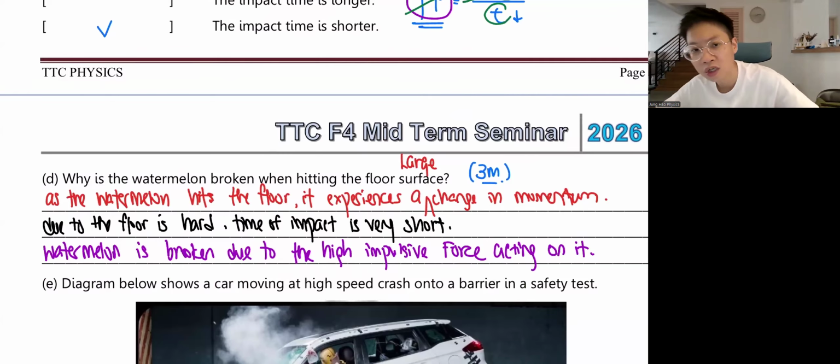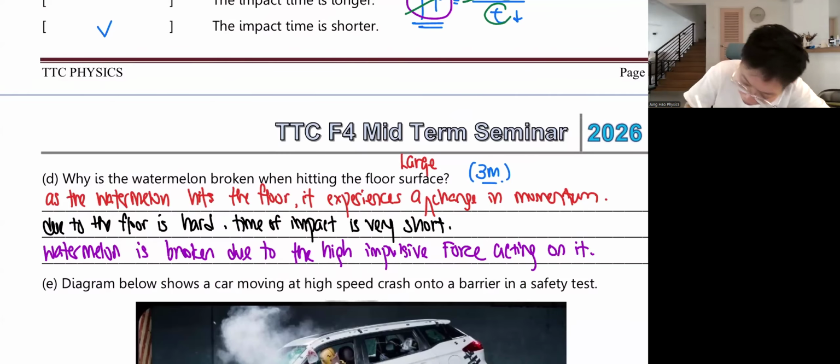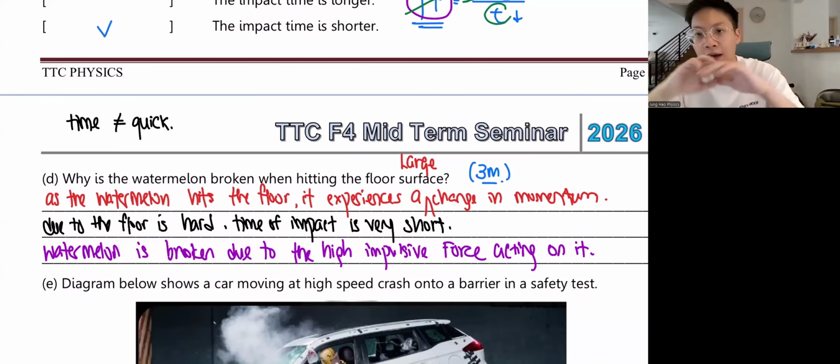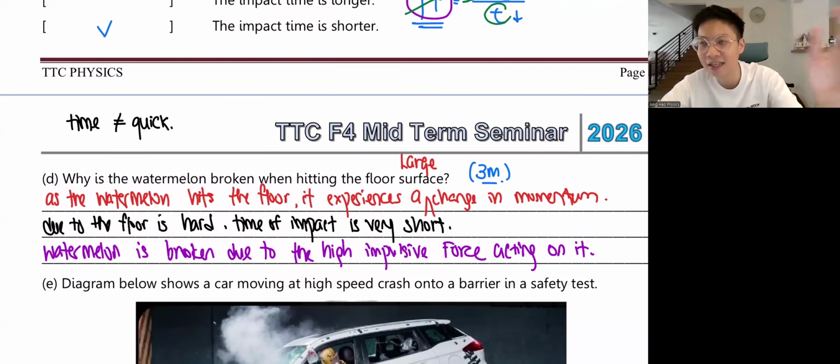So remember, when we describe time, please do not use quick. Quick is like fast. We don't say the time pass very fast. Although in English we usually say the time pass so fast, in physics, time cannot pass fast. 1 hour is 1 hour. 10 seconds is 10 seconds.